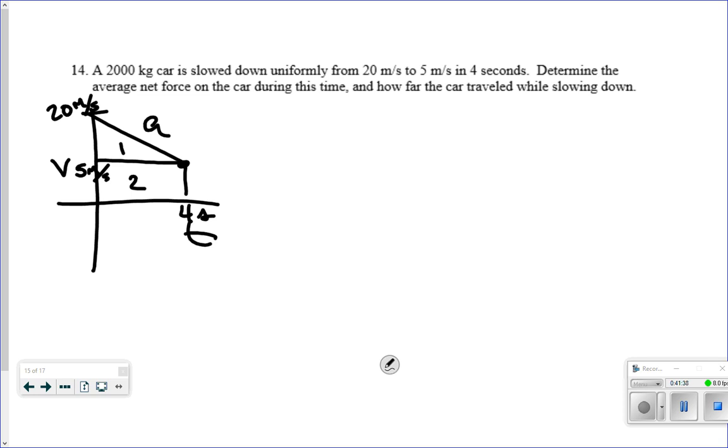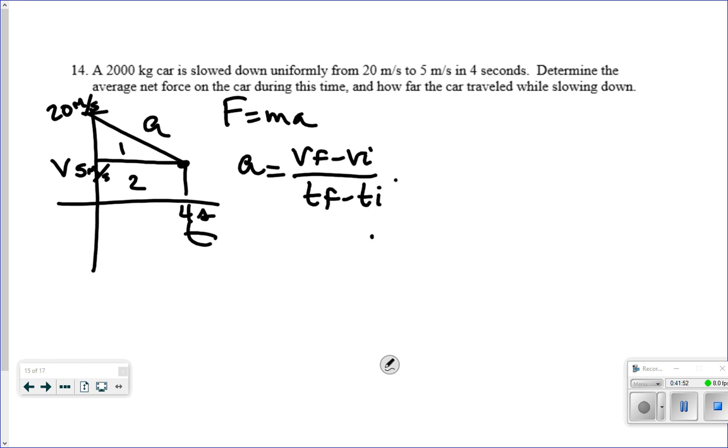If I can find the acceleration of the car, I can find the net force because I know that net force is mass times acceleration. So that part's actually not so bad. Let's begin with the acceleration, which is going to be VF minus VI over TF minus TI. TI is going to drop out. Final velocity is 5, my initial velocity is 20, time elapsed is 4.